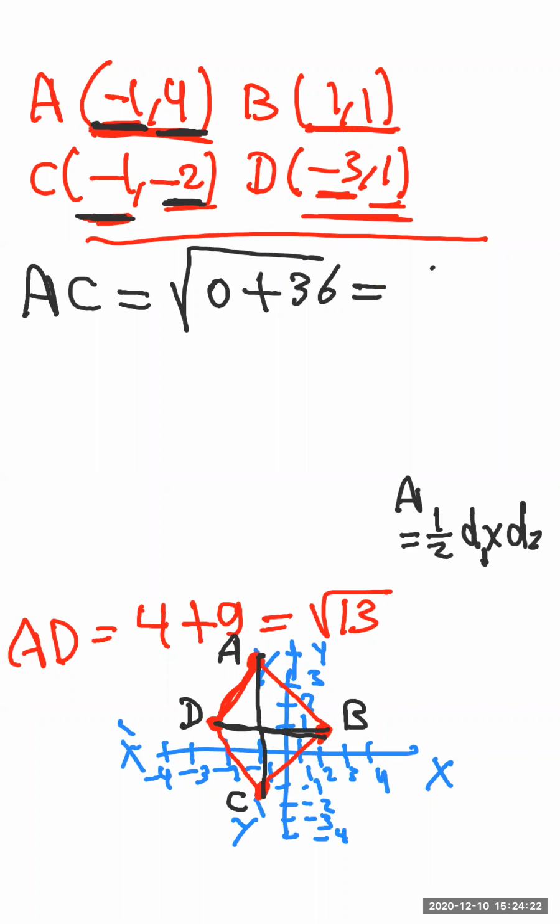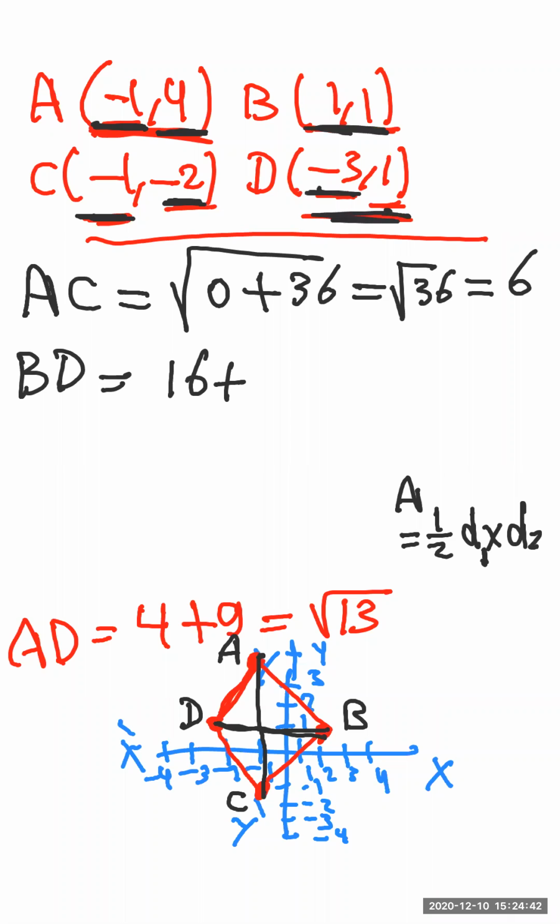So AC will equal the square root of 36, which equals 6. Then the other diagonal, BD, will equal the square root of (-3 minus 1), so -4 squared, 16, plus (1 minus 1), which is 0. So 16 plus 0, the square root of 16, which equals 4.